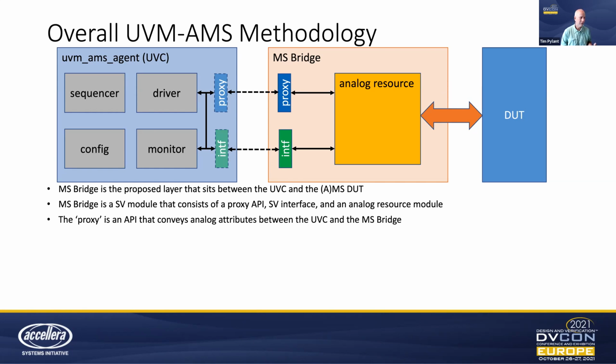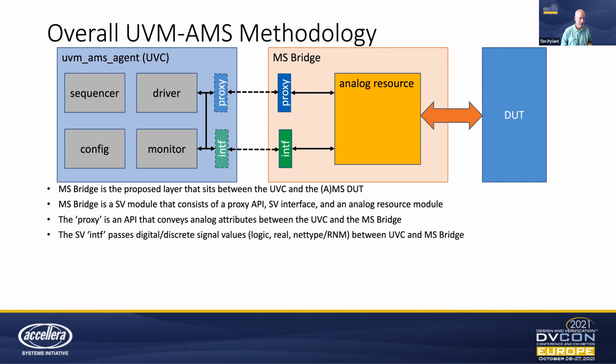So with the proxy, and I'll go into more details about this, you can program the analog resource to generate that signal based on the sequence that's going on in your UVC. So the proxy and the analog resource in combination with the interface all go to make up the bridge, and that drives the signals in the DUT.